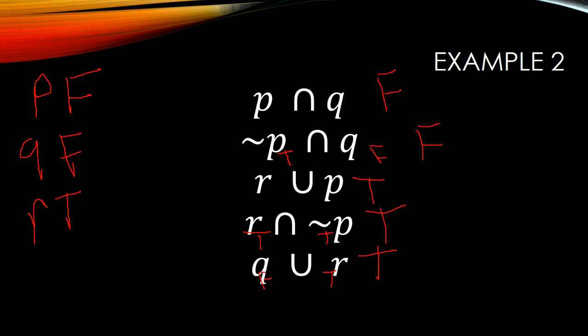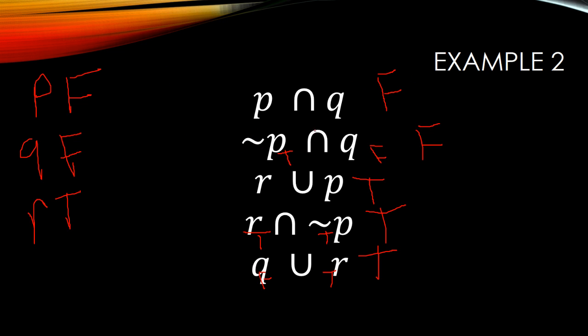So this is kind of complicated. So let me go over it one more time with you. P and Q will only be true if P is true and Q is true. Since P is false, they're not both true, so the entire statement is false.